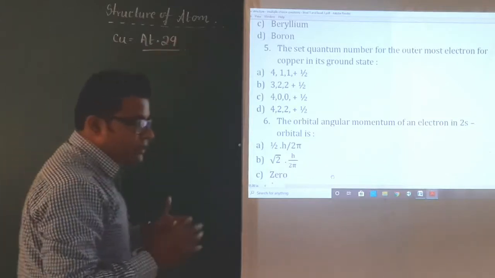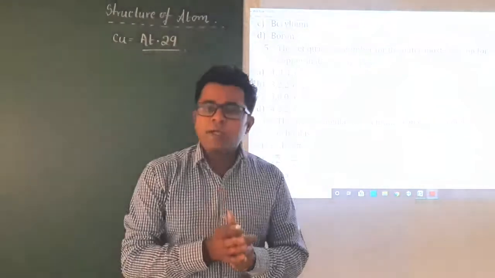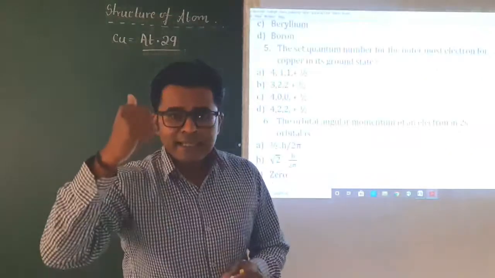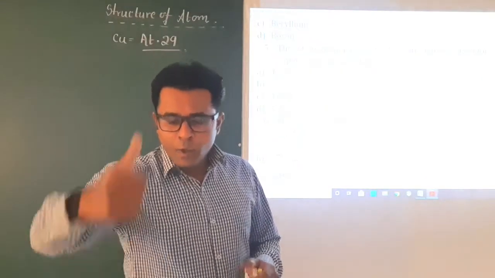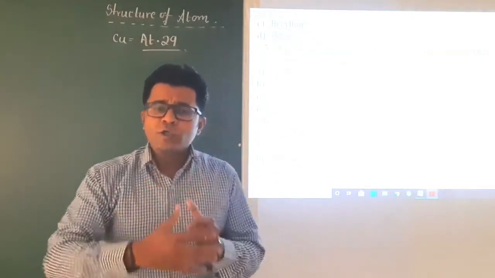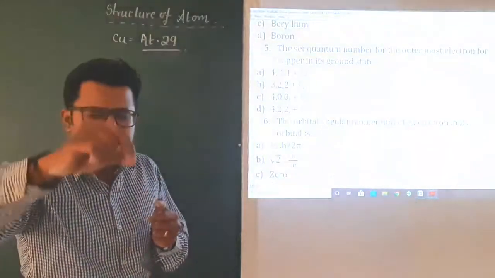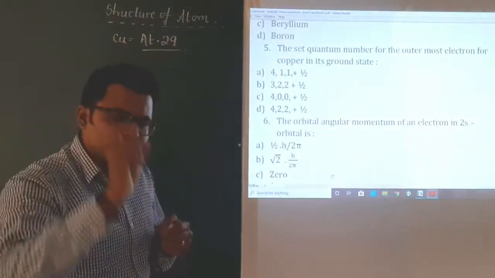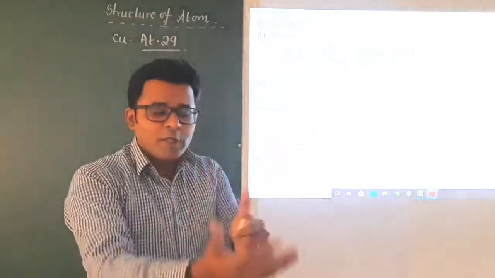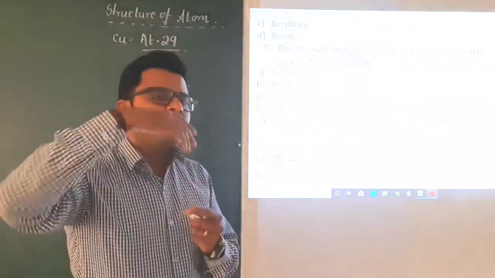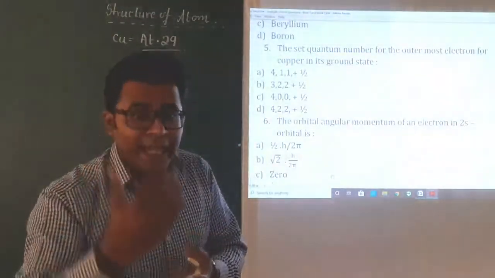Whenever you are solving such problems, you need to understand the electronic configuration. Observe the electronic configuration, go to the end of it and see the last electron. When you observe the last electron, you can understand the value of n, the value of l, and the value of m.